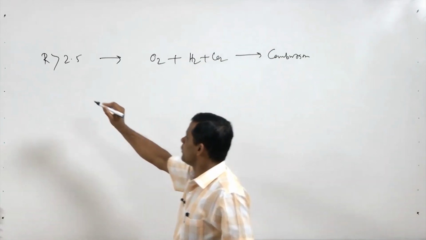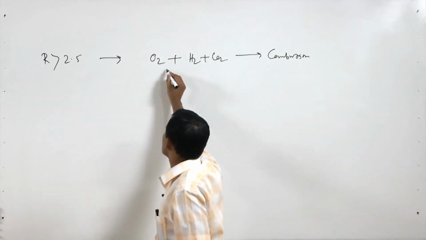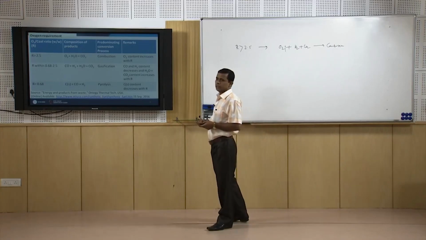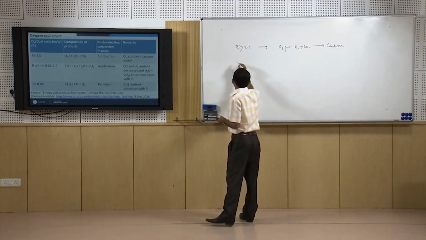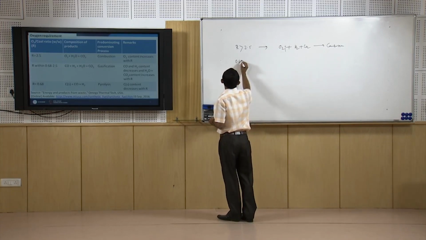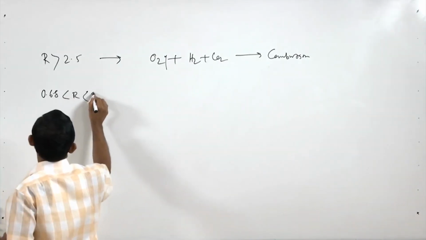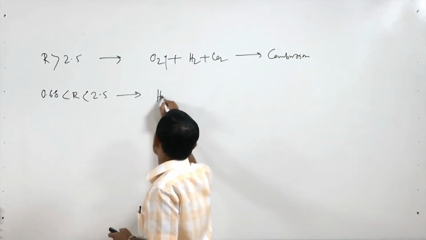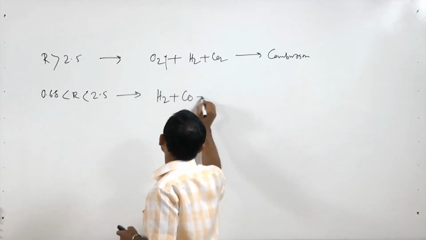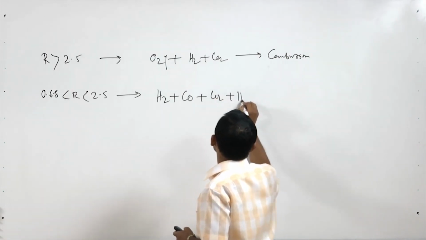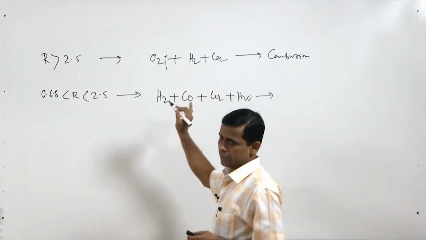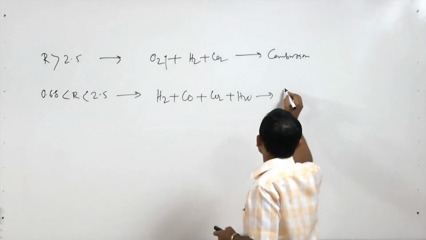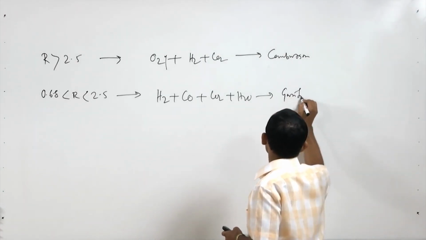It is interesting to note that if the R value increases, excess oxygen will also be available in the produced gas. If R is between 0.68 and 2.5, then the produced gas contains H2, CO, CO2 and H2O. These are the major components, other impurities may be present, and this is the gasification process.